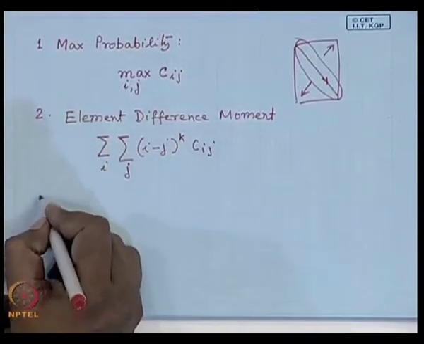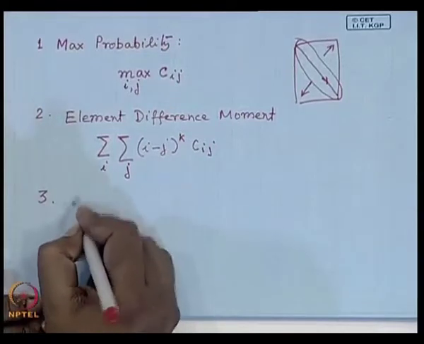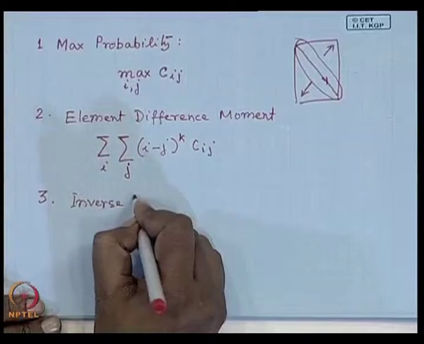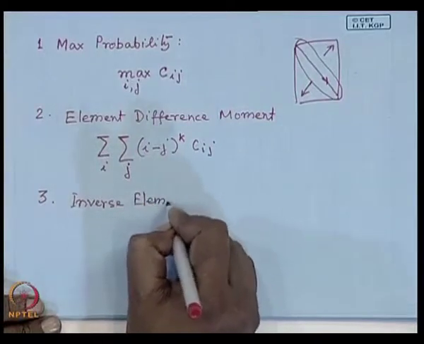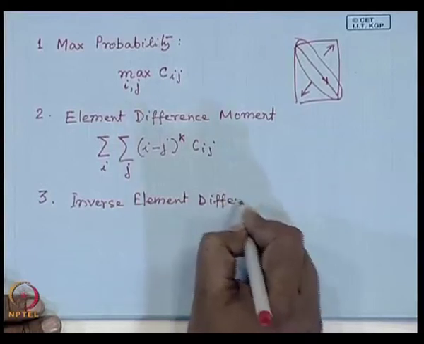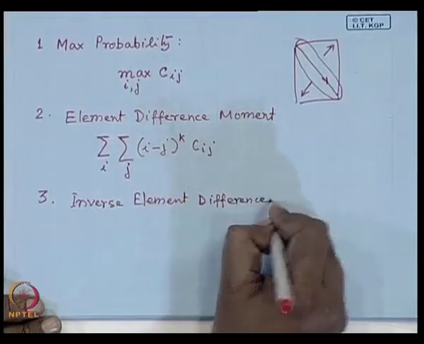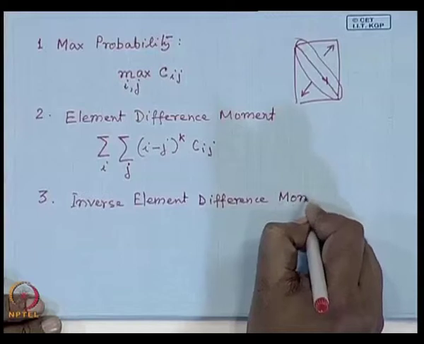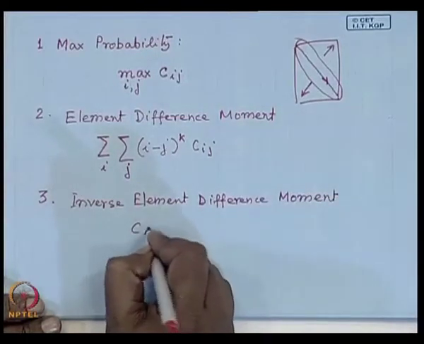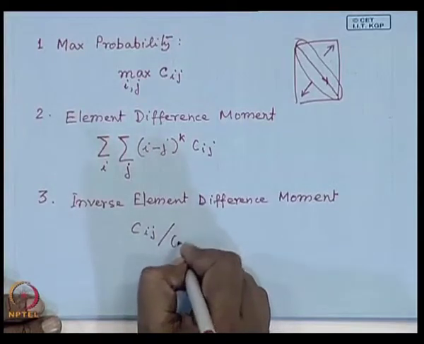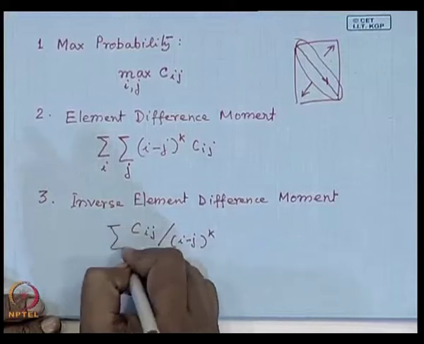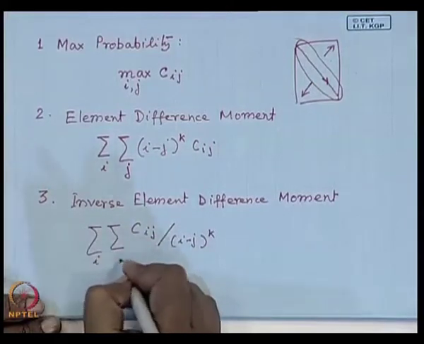The other can be just the inverse of this, which is called the inverse element difference moment, where it is defined as C I j upon I minus j to the power k, taking the summation over I and j.